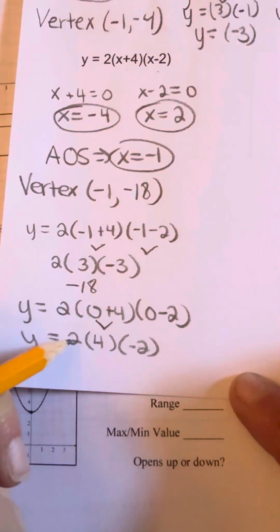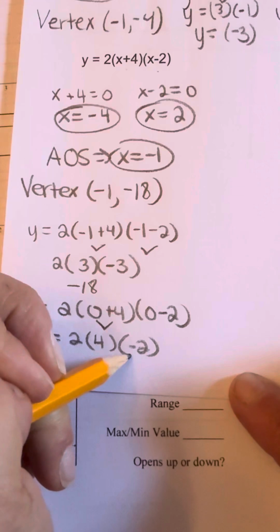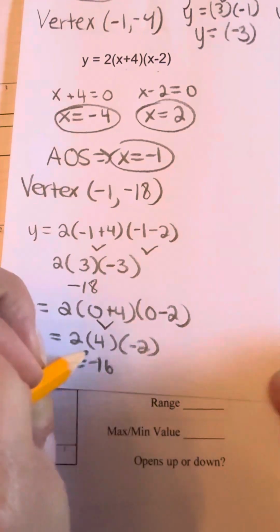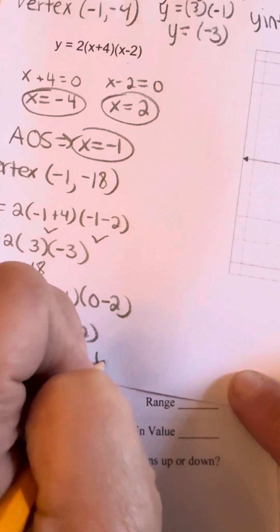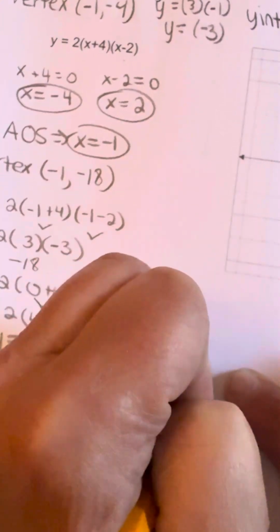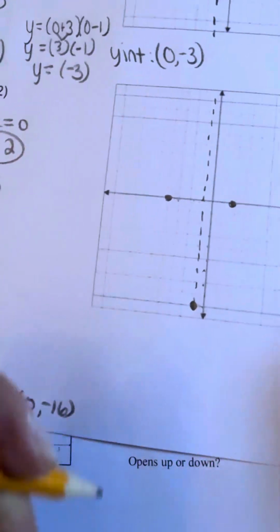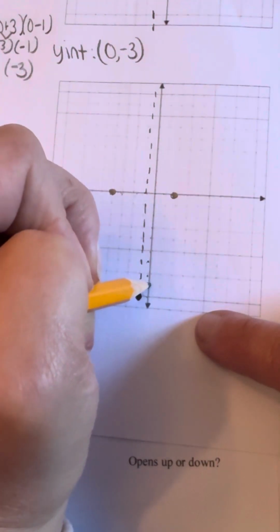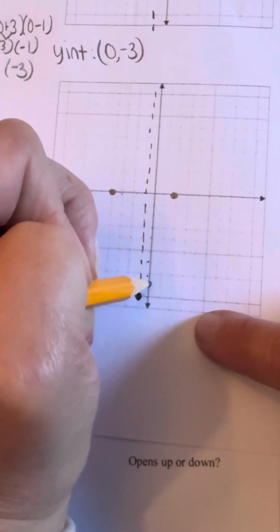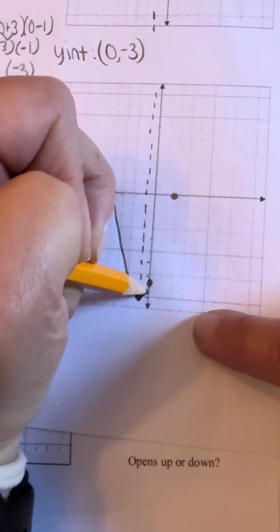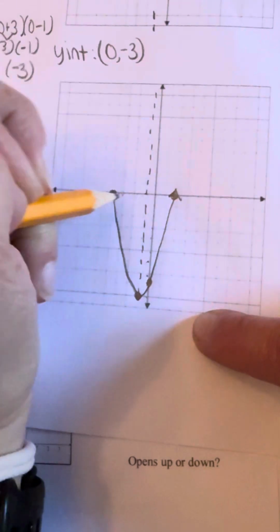And it is all over 2 again. 4 times 2 is 8, times -2 is going to give me y equaling -16, which then means that my y-intercept is (0, -16). So this right here is -18, so this one right here is -16. Put a dot right here, and we'll connect our points, and we've got ourselves a quadratic.